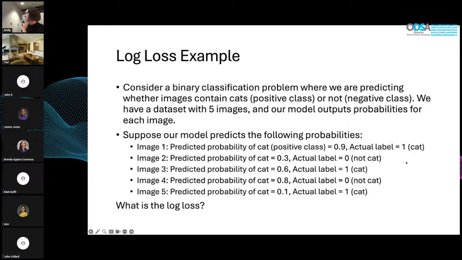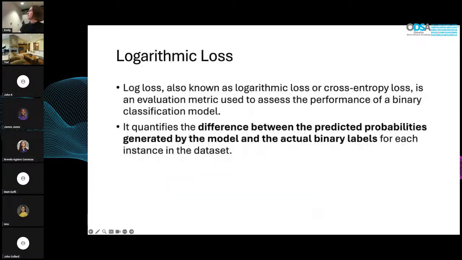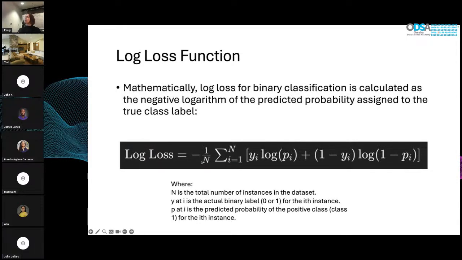I apologize. So I changed this. We're now only predicting probabilities for 5 images. And so when we go back to the formula, this should be 5, not 100, or you will have a really messed up metric.